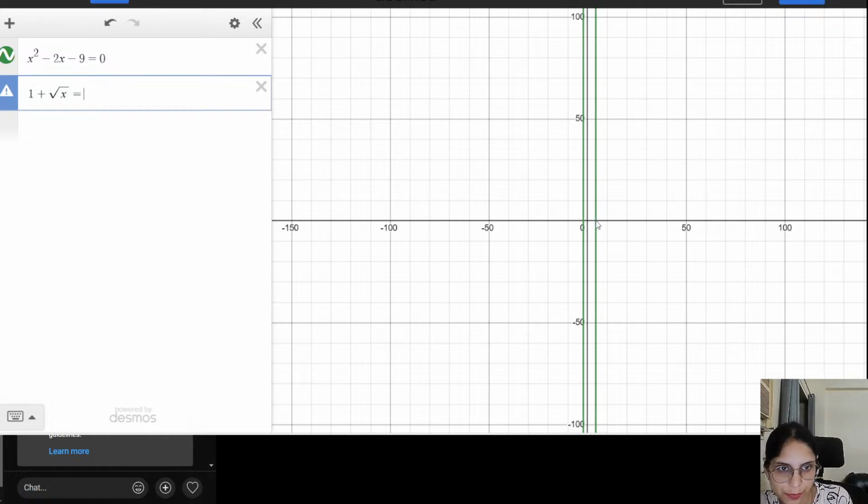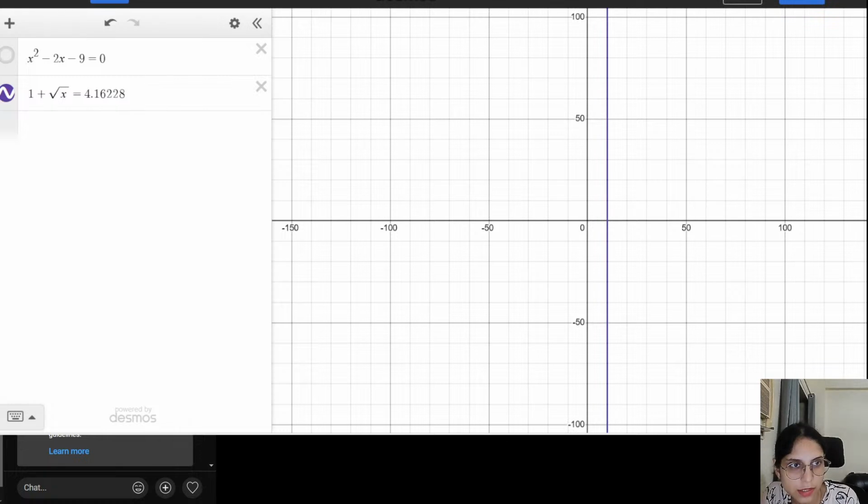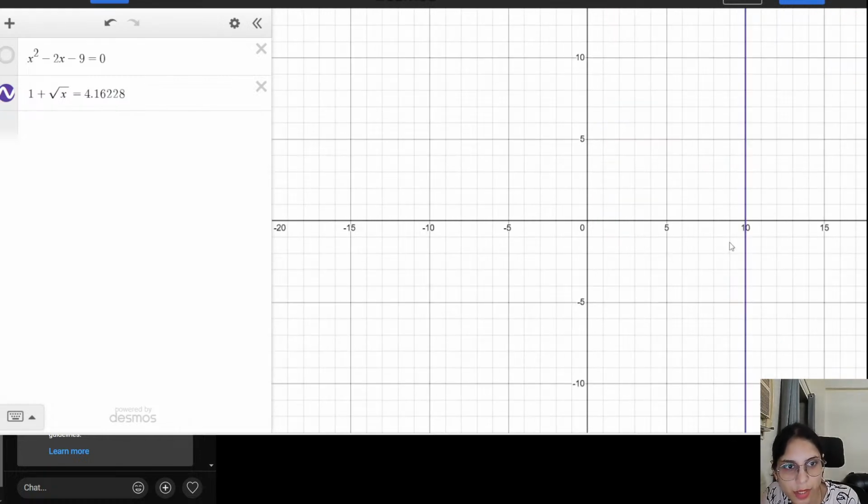What was this value? 4.16228. You will not be able to see this value because you'll not be able to click on it, but the value of k is 10.